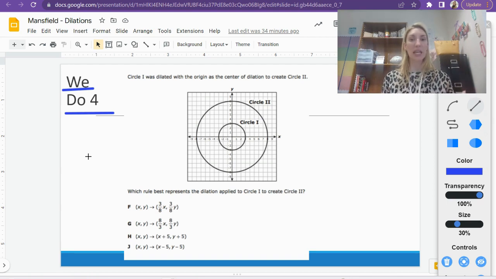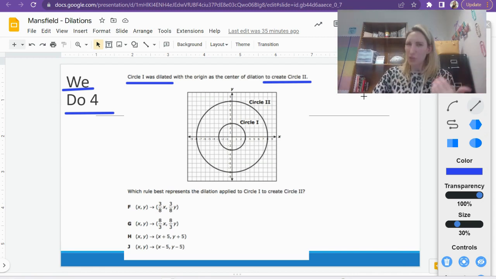Circle 1 was dilated with the origin as the center of dilation to create circle 2. Guys, if circle 1 was dilated to create circle 2, which one is the original? Because in this problem, we don't have the regular letters and then the prime letters. But look at the sentence on top, right? Circle 1 was dilated to create circle 2. Do you understand that circle 1 is the original shape, my first shape?